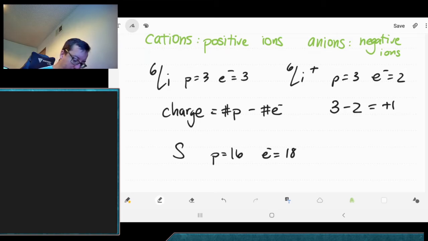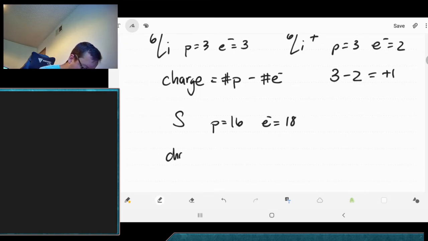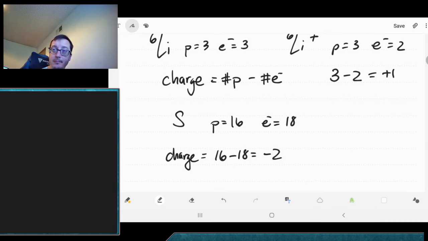Well, the charge of this one will be -2. And so the way we'll write this is S2-. I don't know which isotope this is. I'm just using it as an example. We're not really worried about the isotope right now.